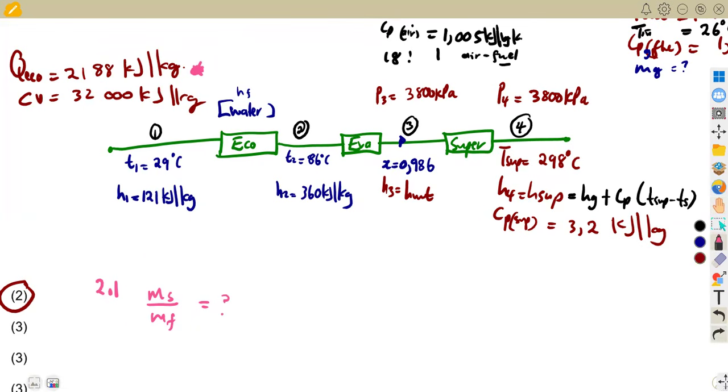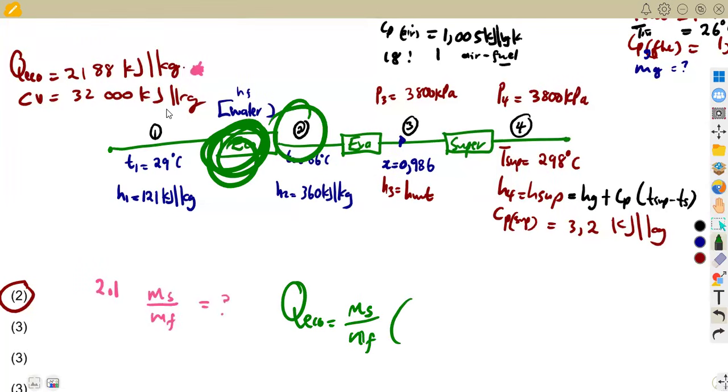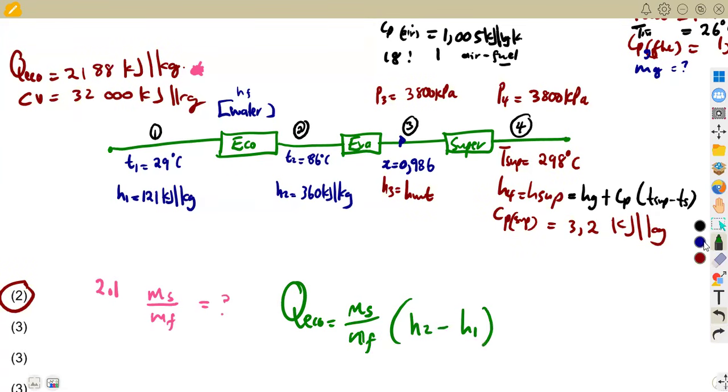So if you check, it consists of this formula. Remember that I said the heat to the economizer is going to be the mass of steam over the mass of fuel, then you consider the enthalpies of the economizer, the output and the input: the exit minus the inlet, so it's going to be H2 minus H1. The economizer 0.2, 0.1. So that will be H2 minus H1. There is nothing new.